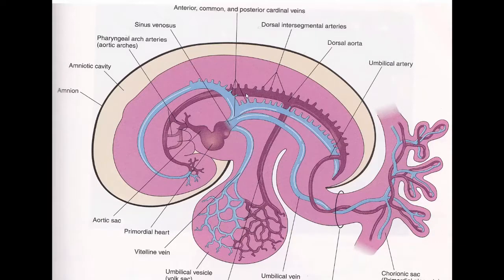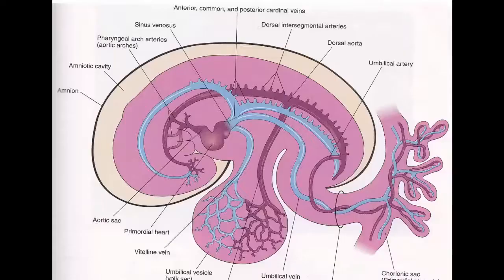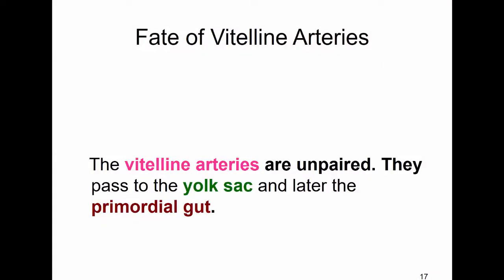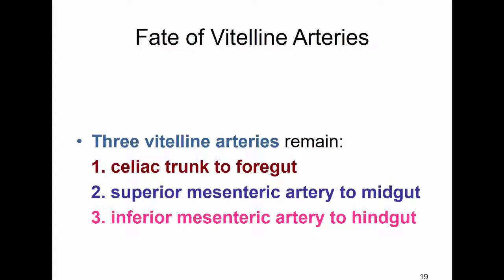So vitelline arteries are unpaired, and they pass to the yolk sac and later the primordial gut. Look at the vitelline artery. So three vitelline arteries remain. There were many, but only three will persist.